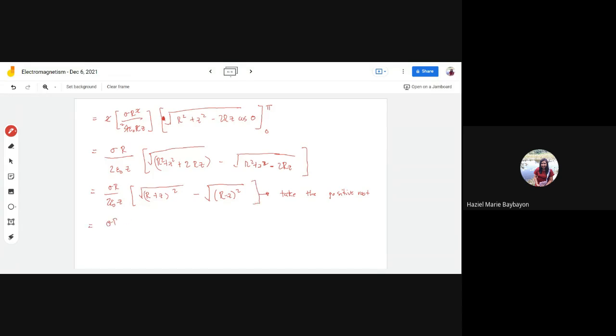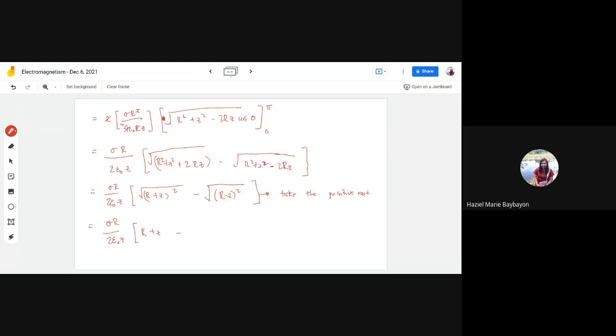So we have sigma r over 2 epsilon naught z, and the square root of this can just be written as r plus z. And for this term, we have to take the positive root. Take note that z is greater than r.